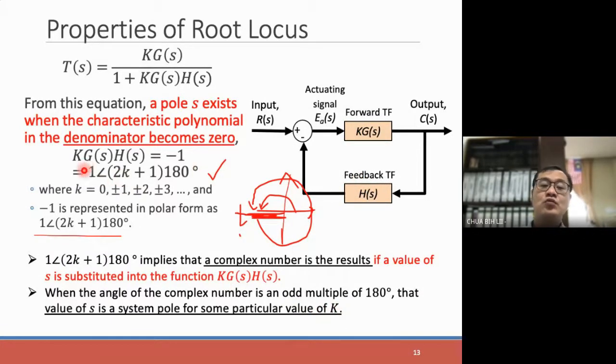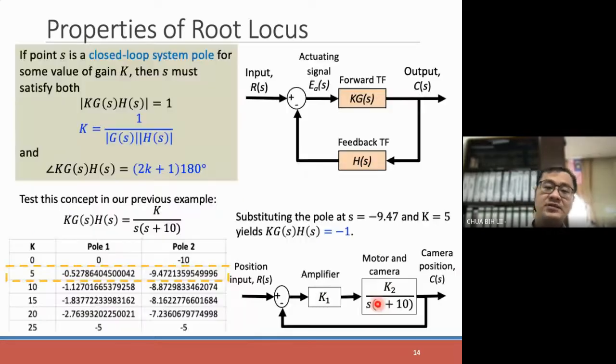So when KGH equals -1, or equals 1 at odd multiples of 180 degrees, these are the conditions or the properties of the root locus.